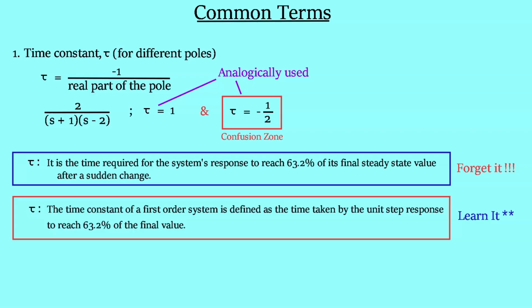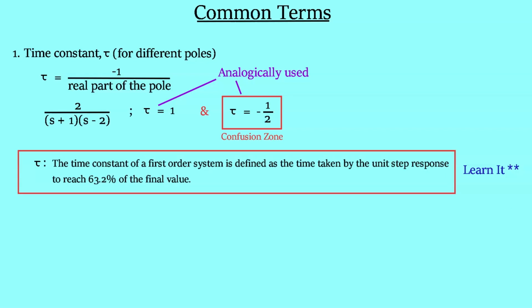But the time constant in time constant form is used only analogically. The different time constants are meant only analogically. They don't actually satisfy any of the two shown definitions. And this analogy is used just because it holds true for first order systems.